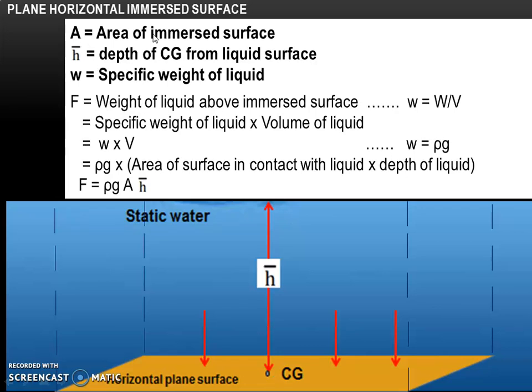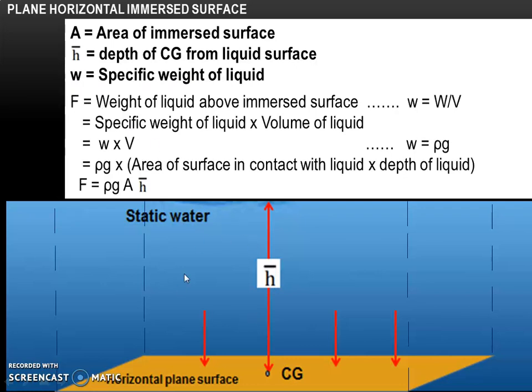A is the area of the immersed surface, that is length and breadth will give us the area A. h bar is the depth of Cg from the liquid surface. w is the specific weight of the liquid under consideration. Since here it is water, it will be the specific weight of water.